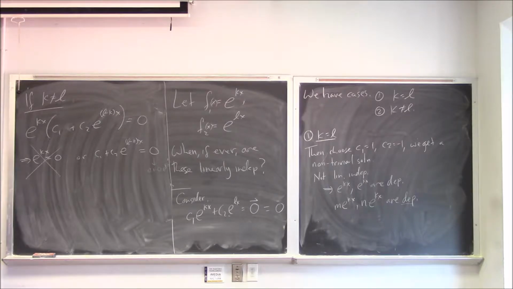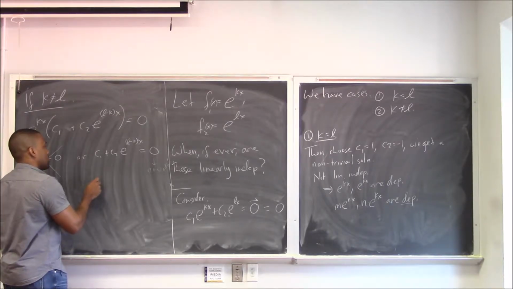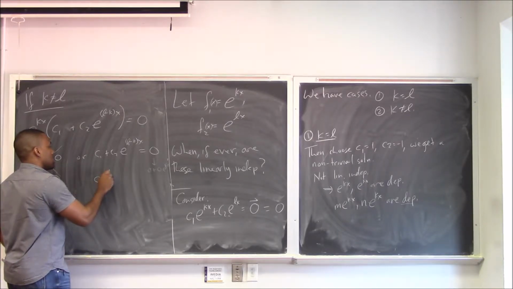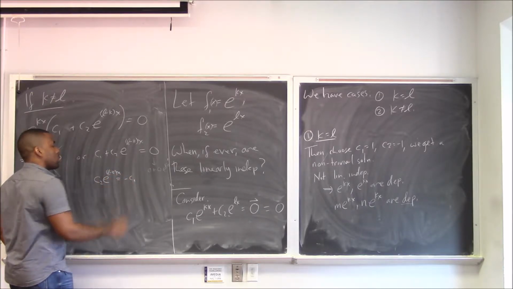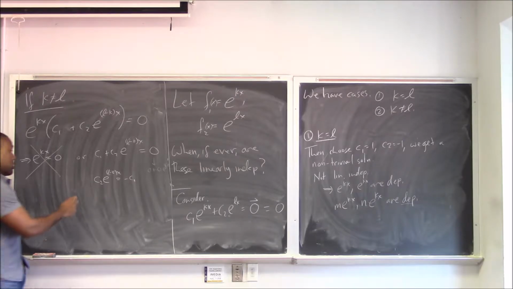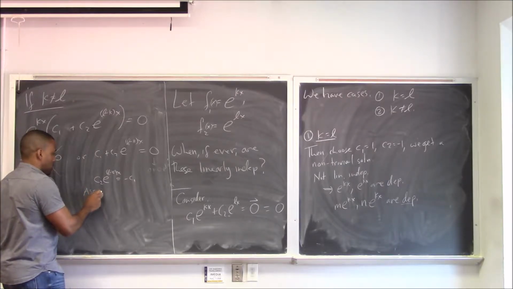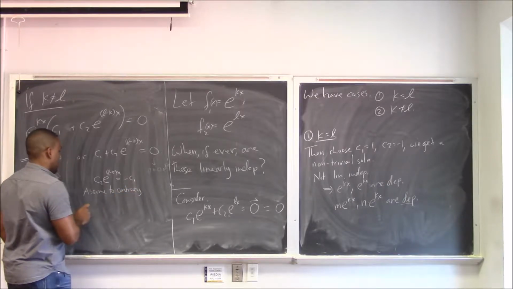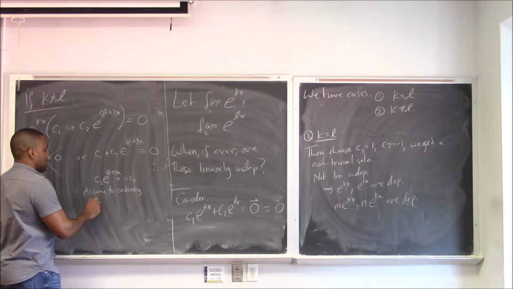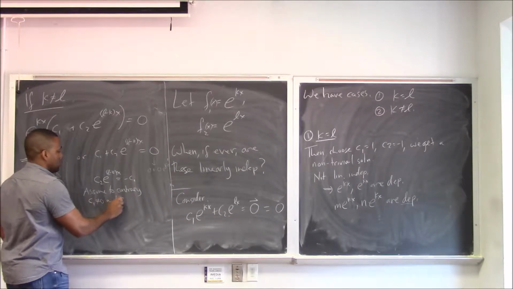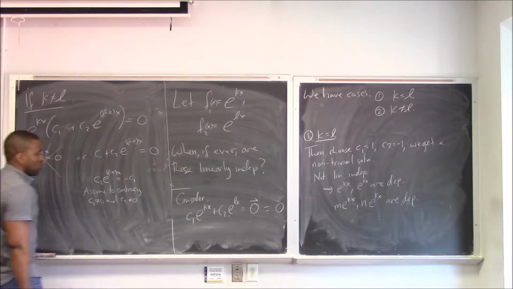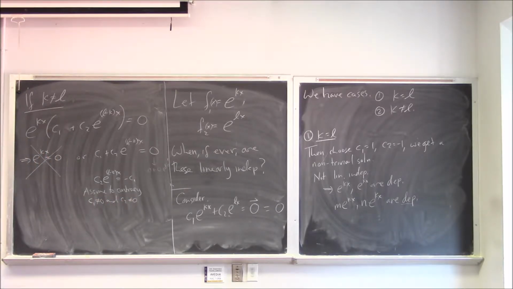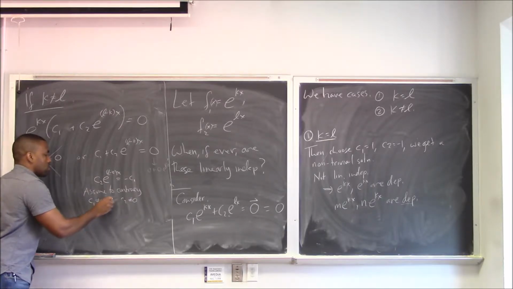We could also say something like, we know here that C2 e to the (l minus k)x equals minus C1. And we can do something like assume the contrary, that C1 is not 0 and C2 is not 0. What would you be able to say? Oh, well, we have to say or.